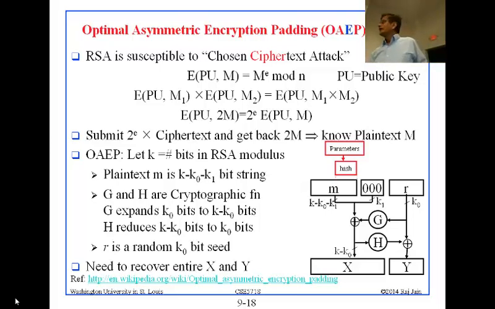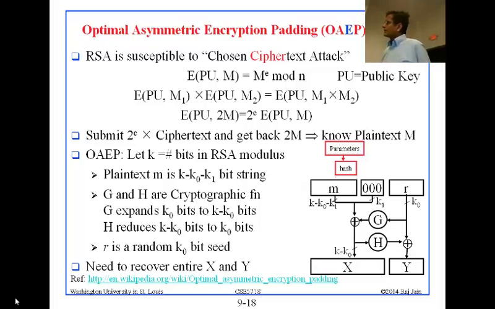Now, with this padding, it turns out that you cannot do this kind of stuff where, if you multiply the message, this effect will not happen, because these things do not follow that property. So this one protects you.